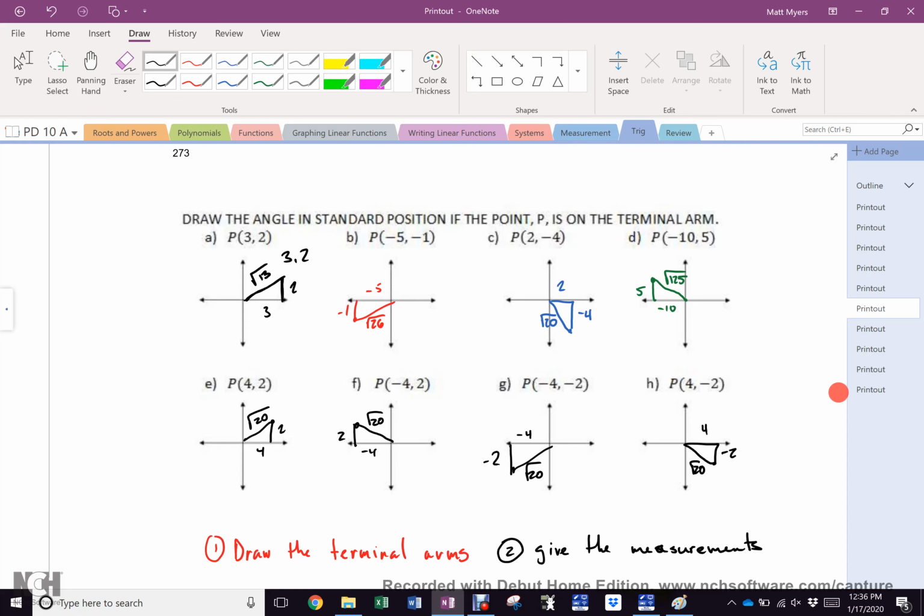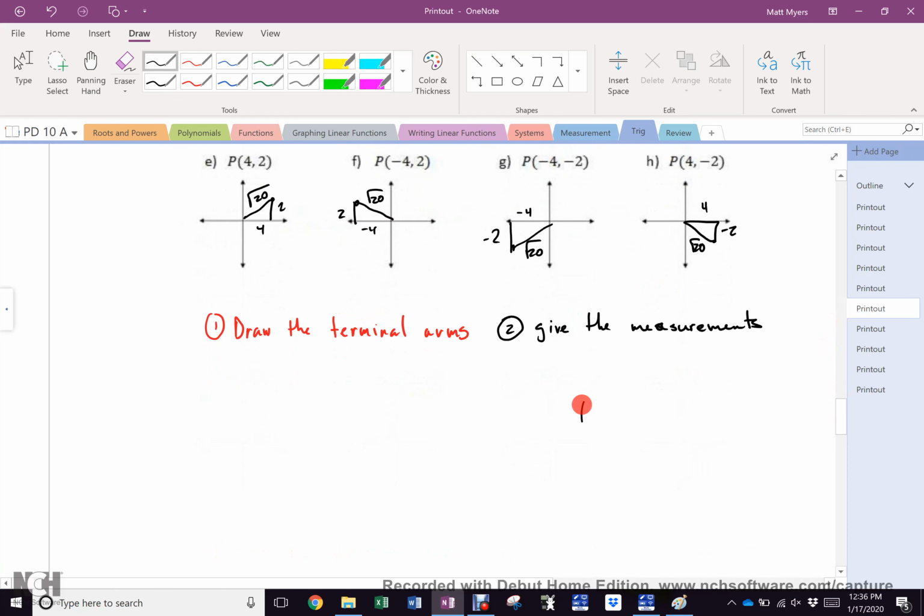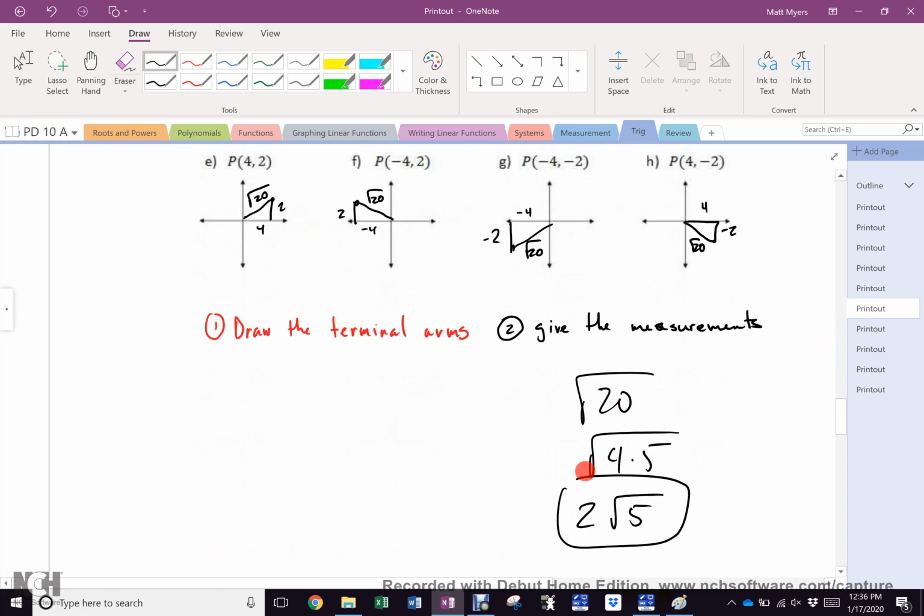I mean, of course, you know what to do in math class with square root of 20. That's the square root of 4 times 5, which is 2 root 5. We all remember that from our very first unit of roots and powers. I know you do, because you got a final coming up, so you all know that the square root of 20 is 2 root 5.